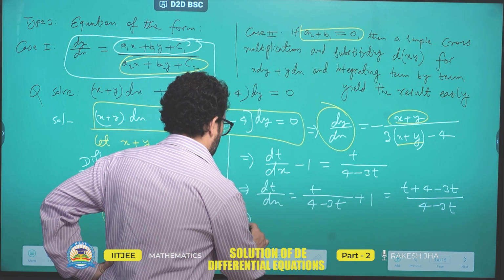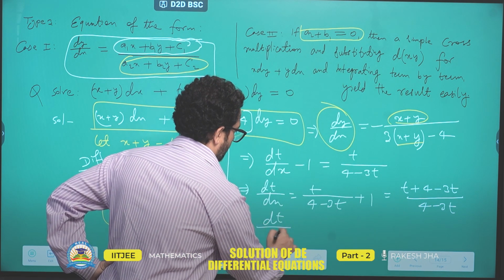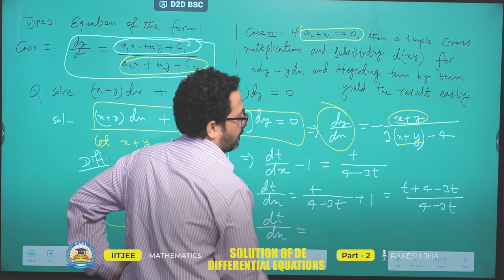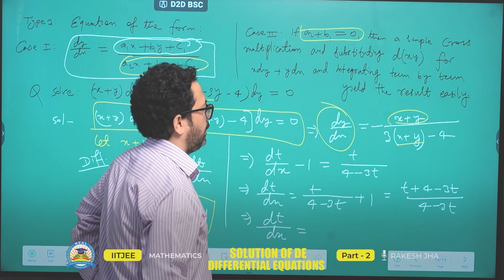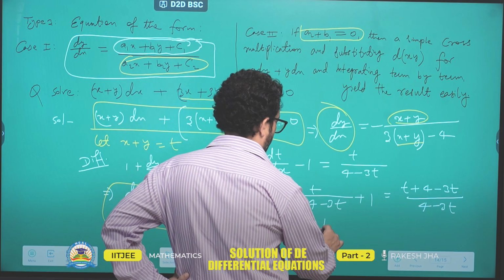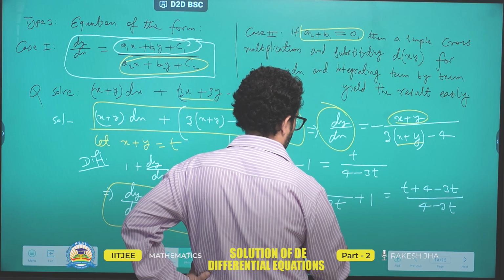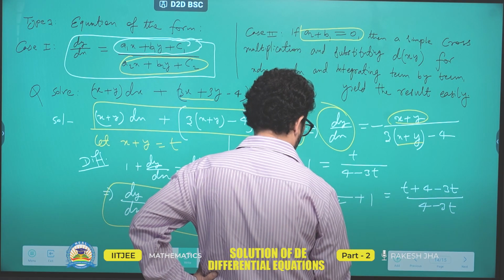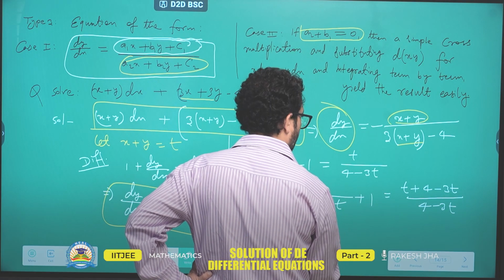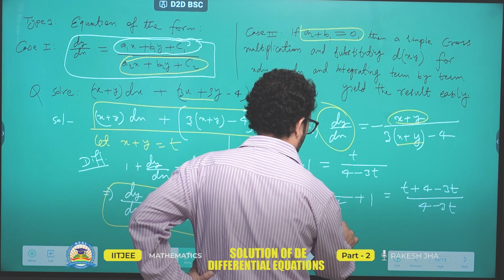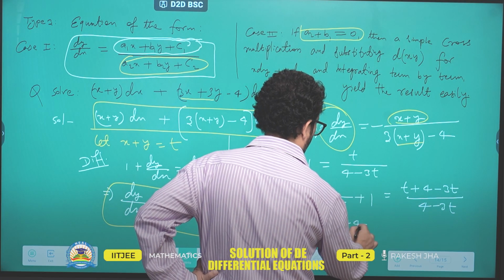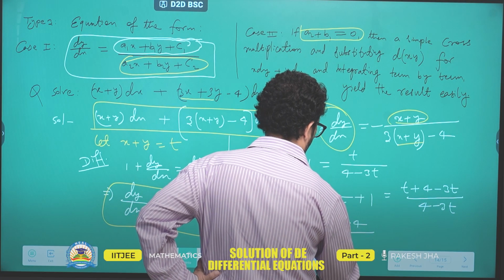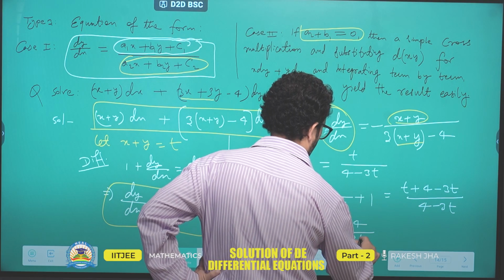So dt by dx is equal to 3t plus t, so it is 4t, 3t is negative and this is positive, so it would be negative of 2t plus 4 upon 4 minus 3t.